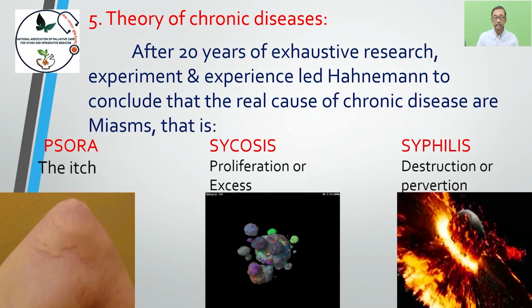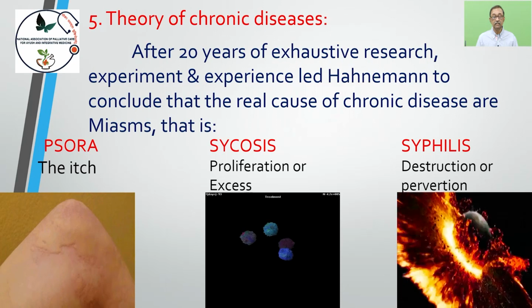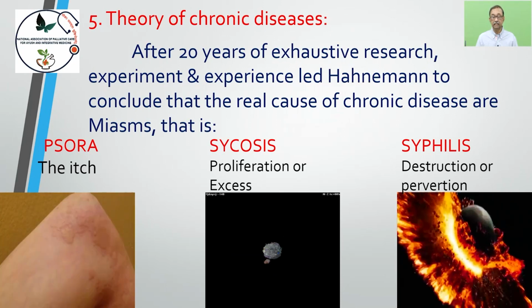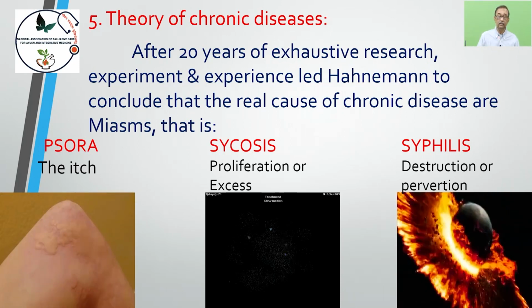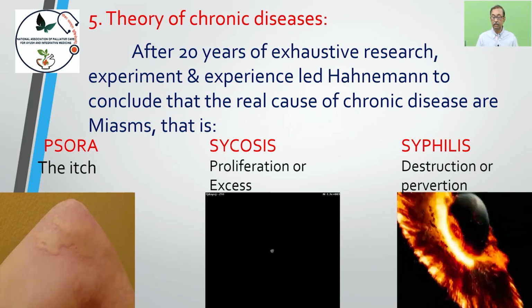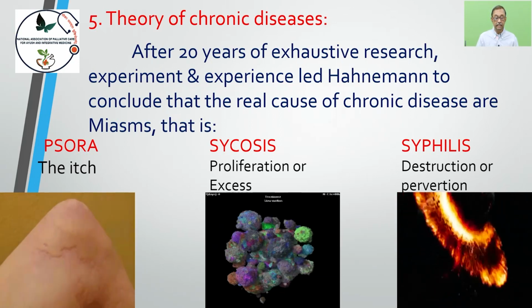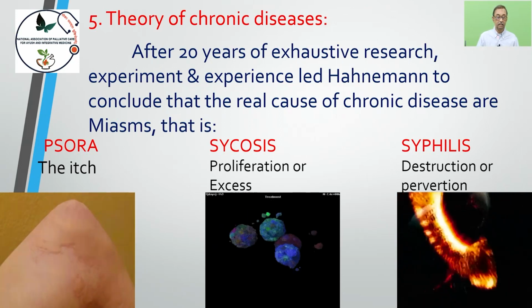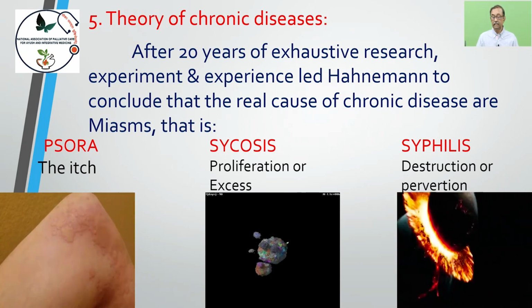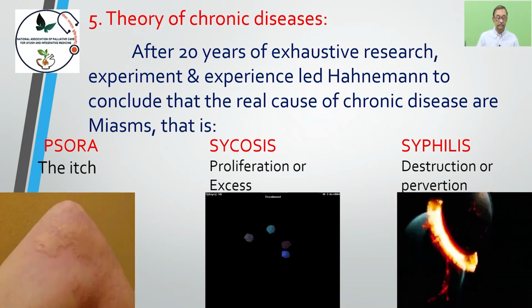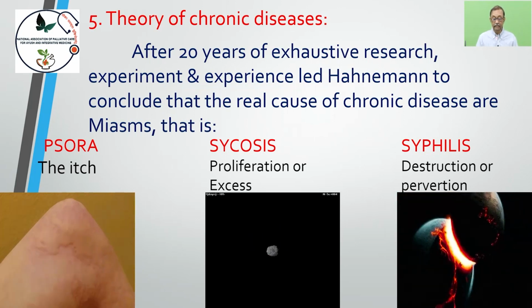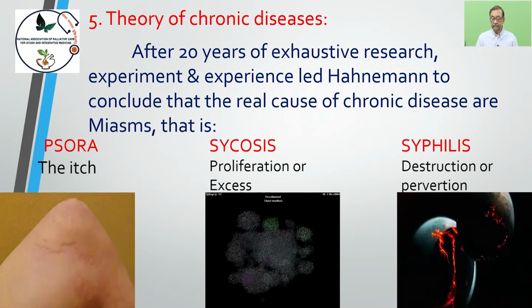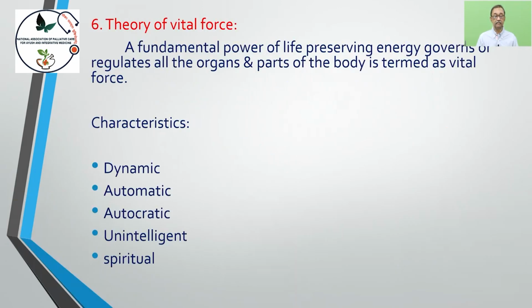After 20 years of exhaustive research, experiment and experience led Hahnemann to conclude that the real causes of chronic disease are miasms, that is psora, psychosis and syphilis, that is the itch, the proliferation or excess and destruction or perversion.